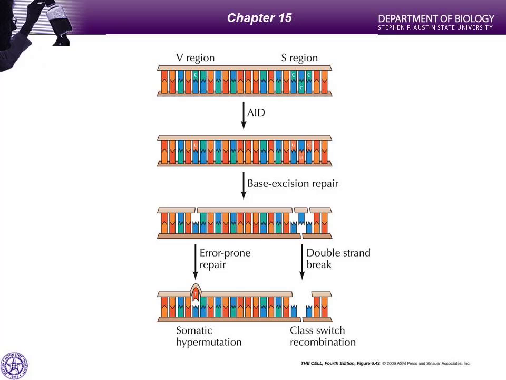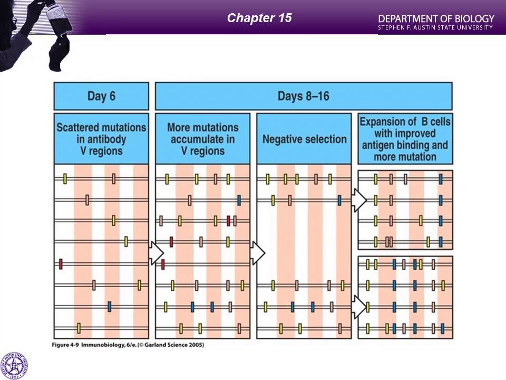So this is just an example of the cloning process. And so 6 days after exposure to an antigen, you've caused a B cell to begin to clone itself. This B cell had its receptor. The antigen bound to that receptor, so you know that cell can bind to that antigen.